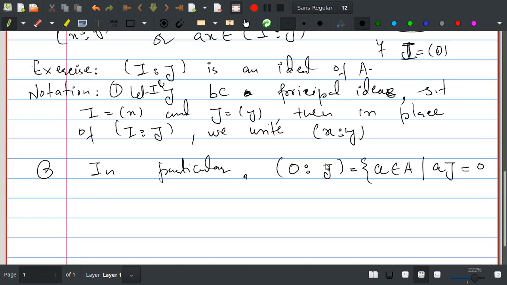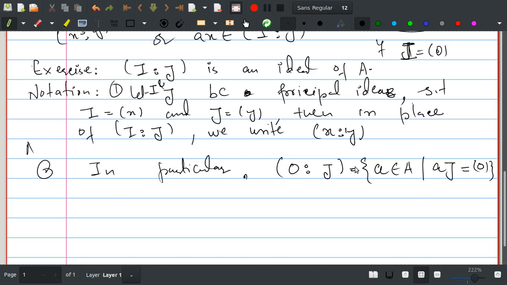This is a subset of this 0 ideal. Now being a subset of the 0 ideal, we simply write this 0 set here. So this is actually the definition of what we call the annihilator.